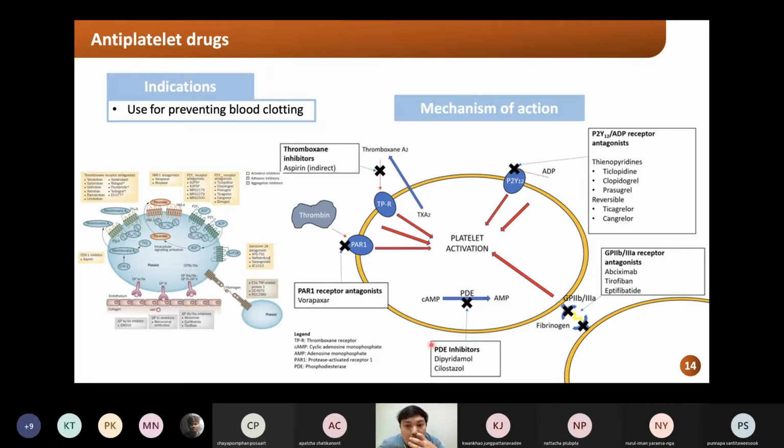And some anti-platelet drugs can inhibit PDE and also inhibit the PAR1 receptor as well.